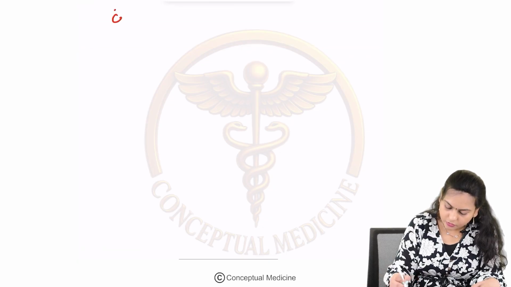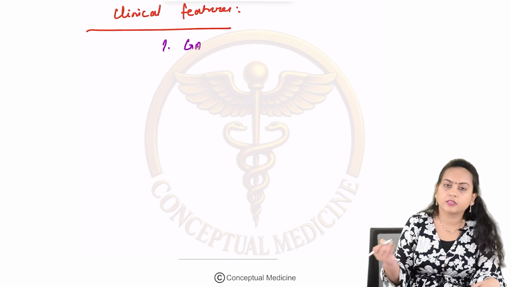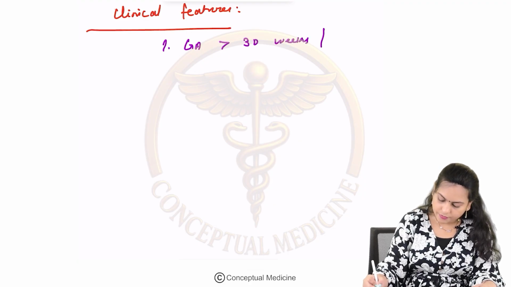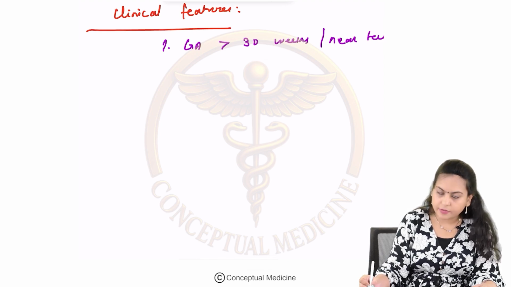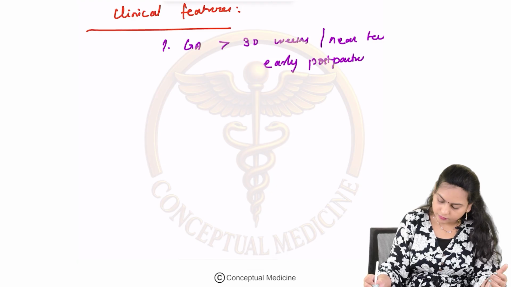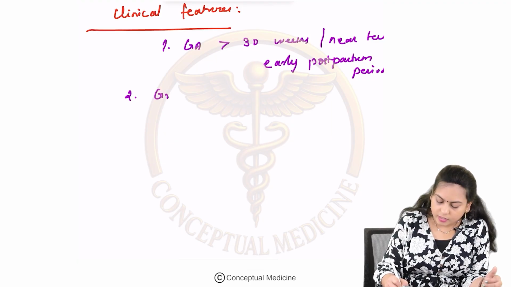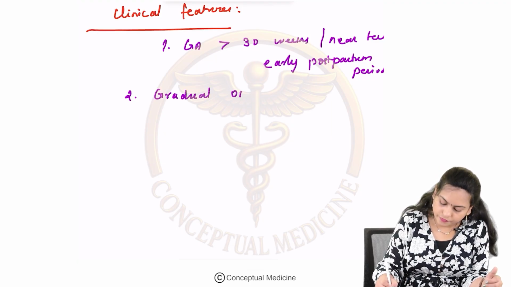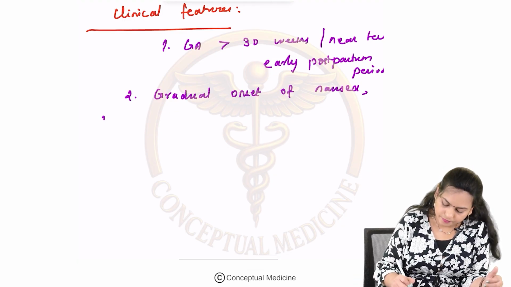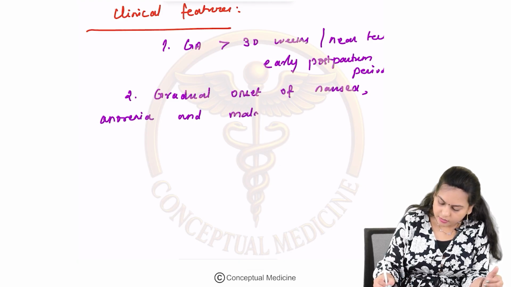So, clinical features include, as I already told you, the gestational age of presentation is in the third trimester. So, it happens mostly after 30 weeks or near term or even in the early postpartum period. Now, the symptoms include gradual onset of nausea, anorexia and malaise.